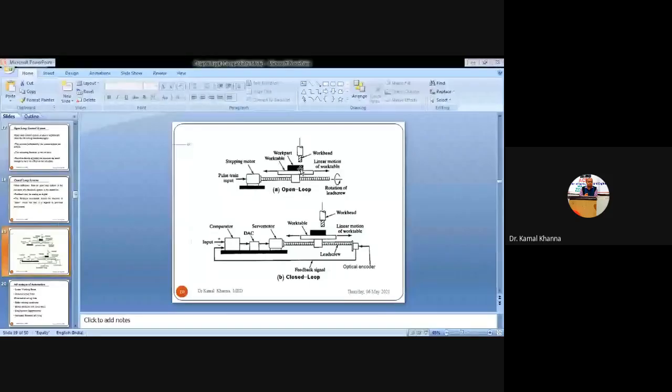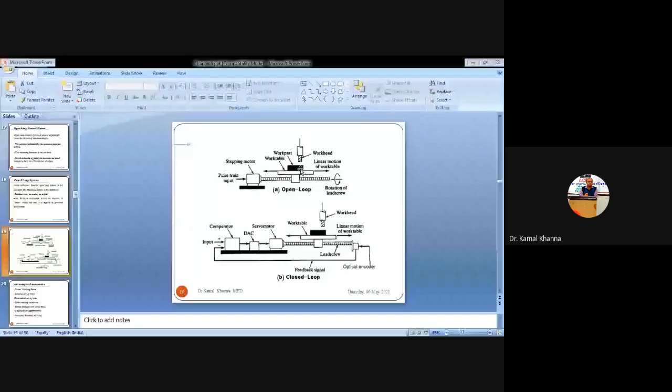Whereas in the case of the closed loop, you can see in the figure that we have the servo motor, and we have the comparator initially, in which the input is stored, and it is compared as soon as the signal is received from the optical encoders. We read about optical encoders in the fourth chapter, on system devices.